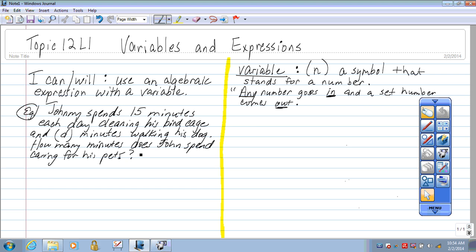So we have cleaning the birdcage equals 15 minutes. And walking the dog is D, the letter D.